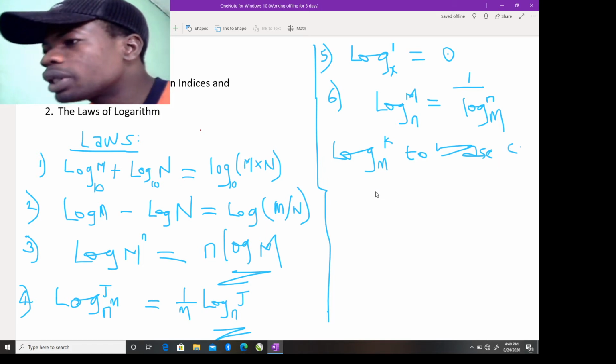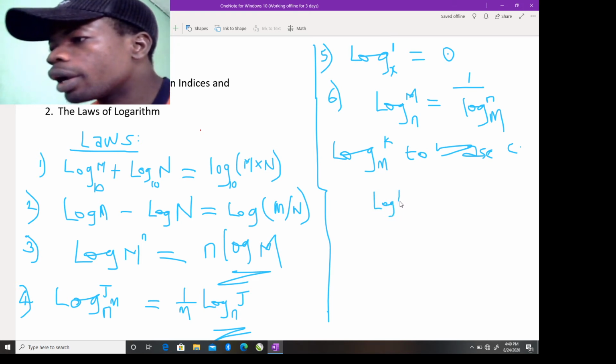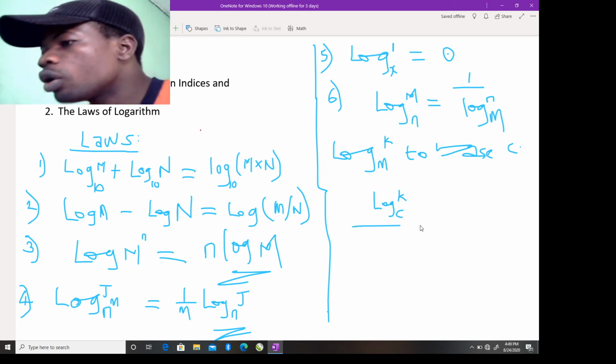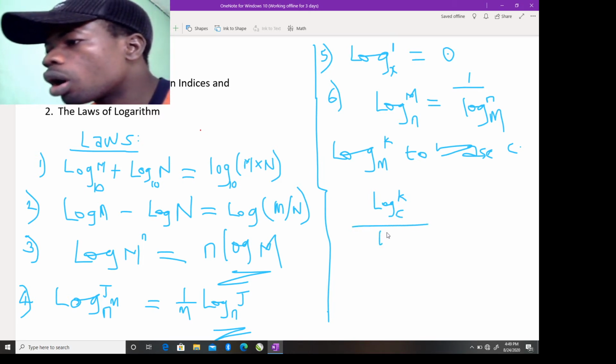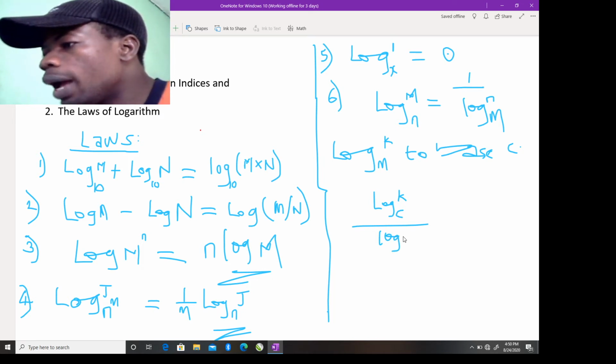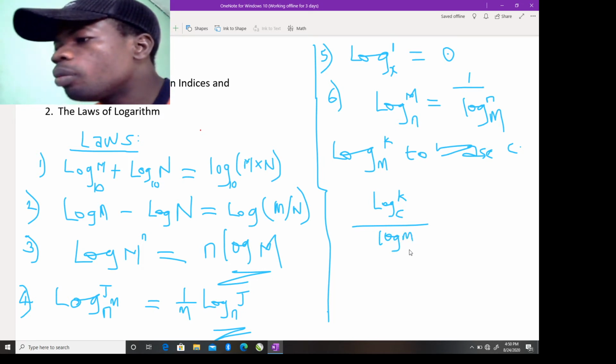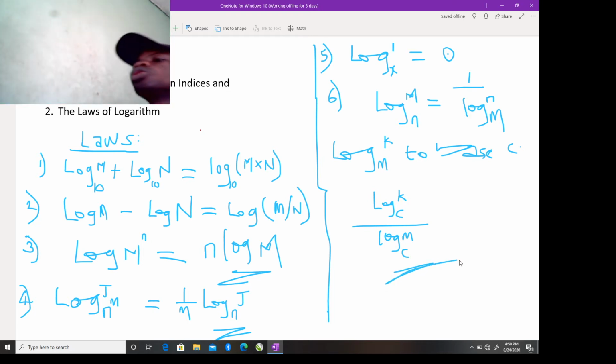You write log k base c divided by log, this one, you put log m base c. So these are the laws of logarithm, and you should be able to make use of them to solve questions.